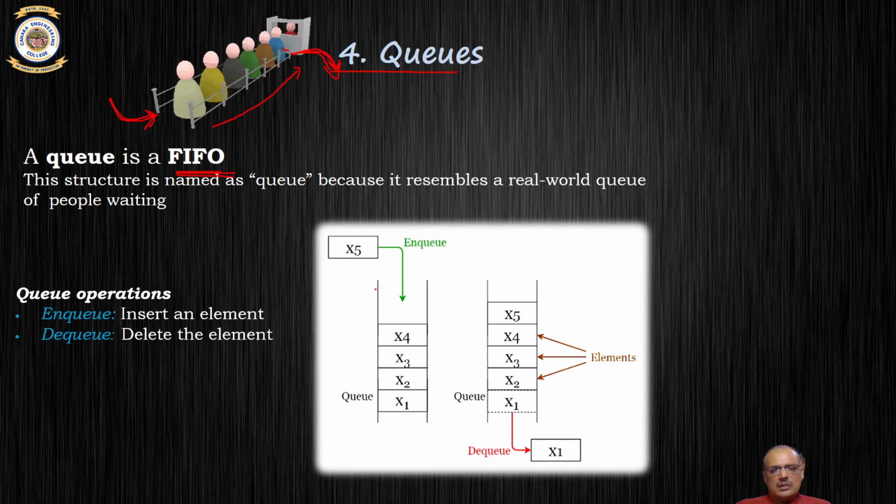The concept is very similar to that of a stack, but instead of the push operation we have the ENQ operation, that is inserting the element at the end of the queue, and the delete operation, or the pop operation in the stack, is called the DEQ operation in the queue, and this happens at the front end of the queue. So that is the difference between a stack and a queue.